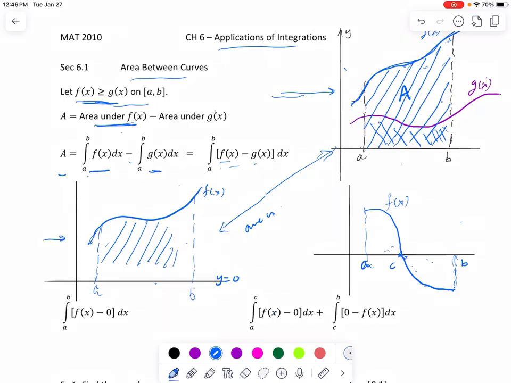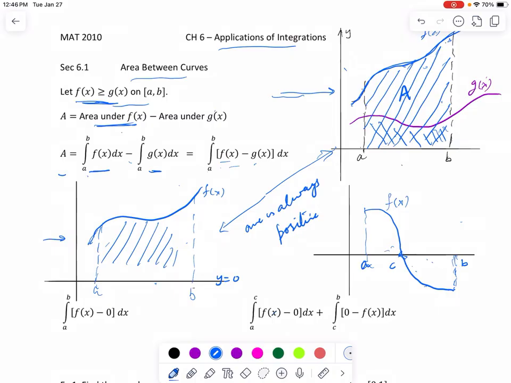Always positive, because we are subtracting the smaller positive area from the larger positive area.